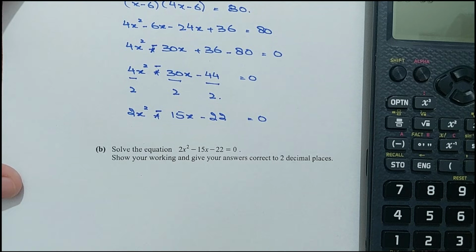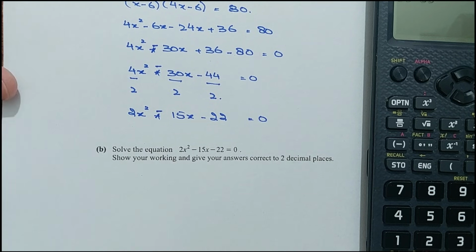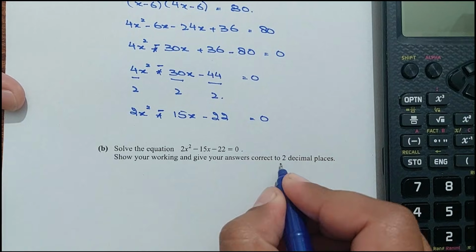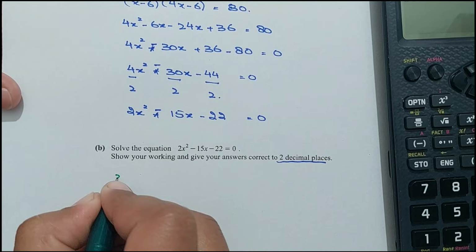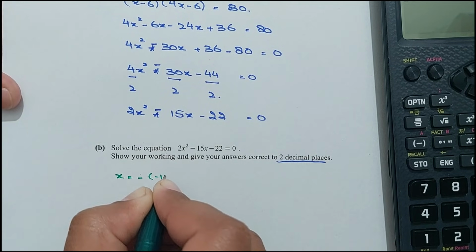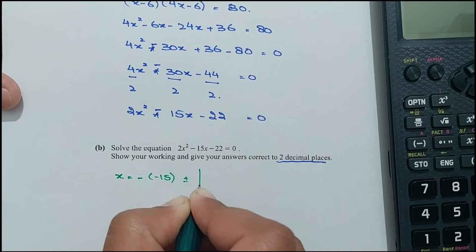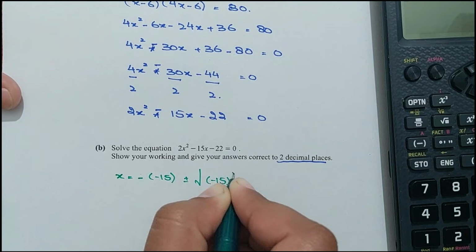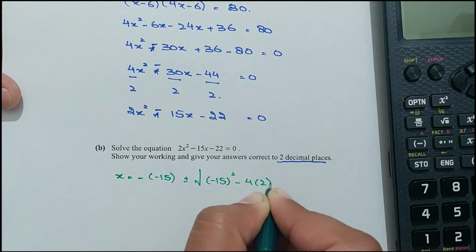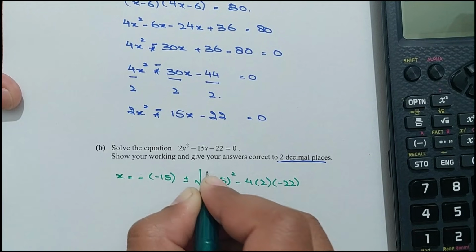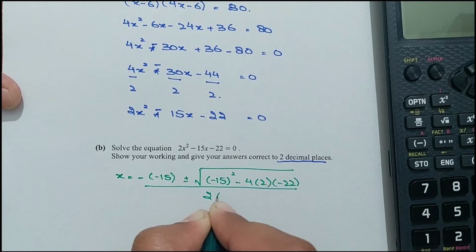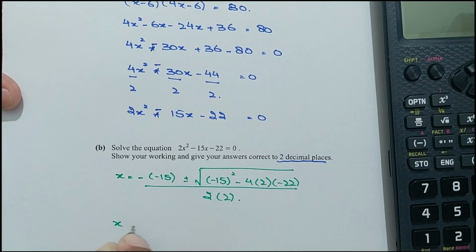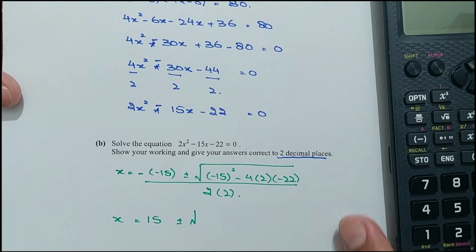Now for part B, solve the equation and show your working and give your answer correct to 2 decimal places. So it's a quadratic equation. Let me solve it by using the quadratic formula. So x is equal to negative of the b value plus or minus the square root of b squared minus 4 times the a value and the c value, and divided by 2 times the a. x is equal to 15 plus or minus the square root.